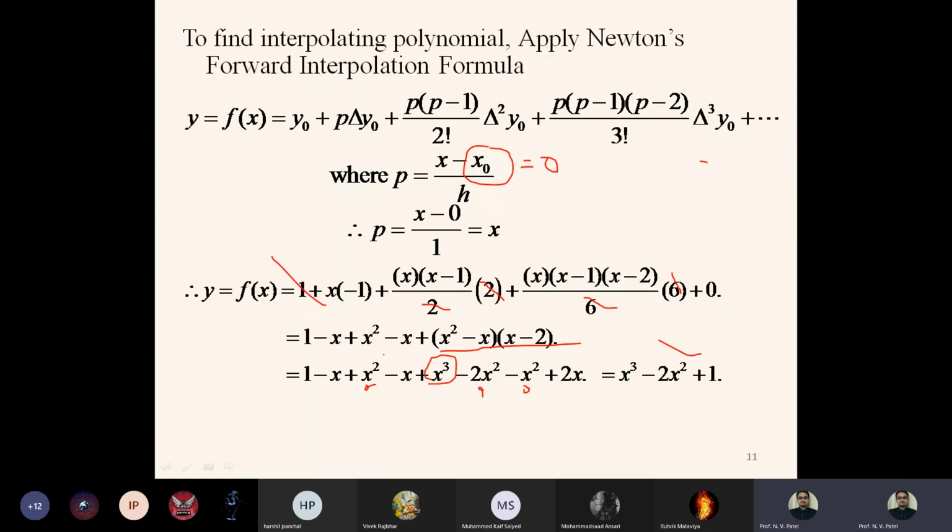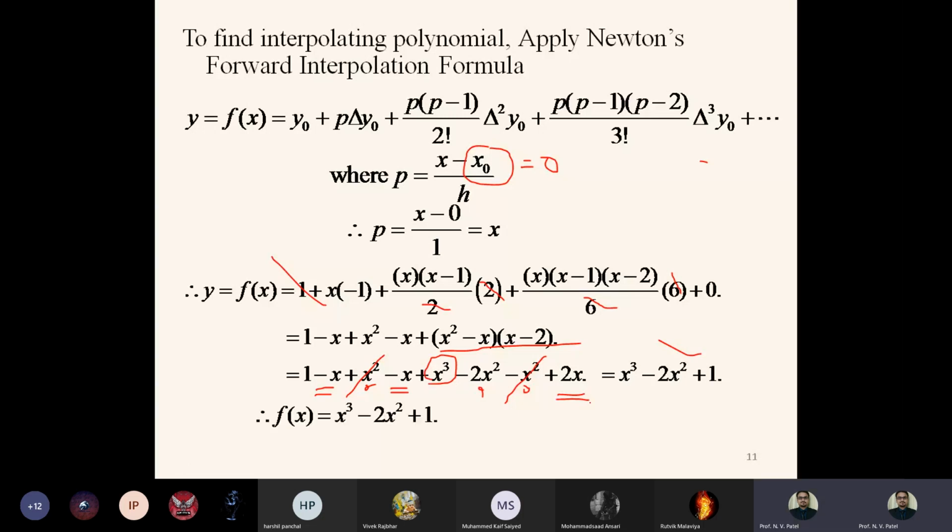The positive x square and the negative x square cancel, so the second degree term is minus 2x square. Now the degree one term, that is only x: minus x and plus 2x. Minus x plus 2x is x, so the coefficient of x is not zero here. And the constant term is only 1.